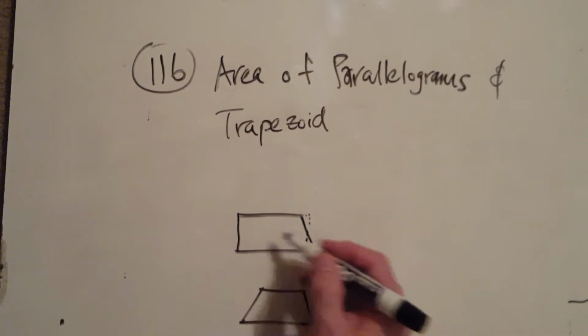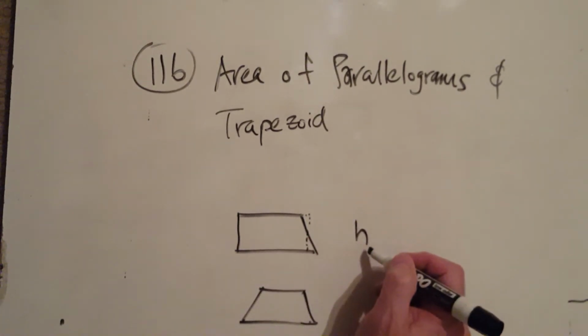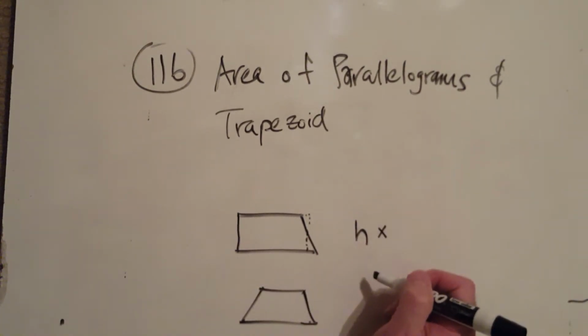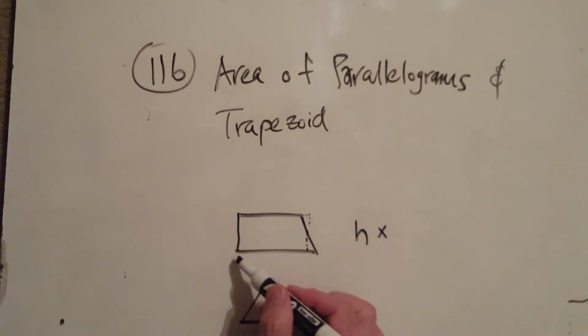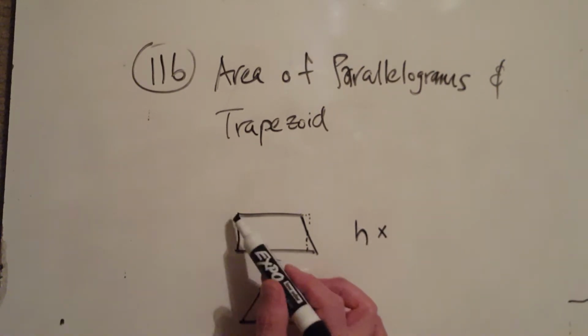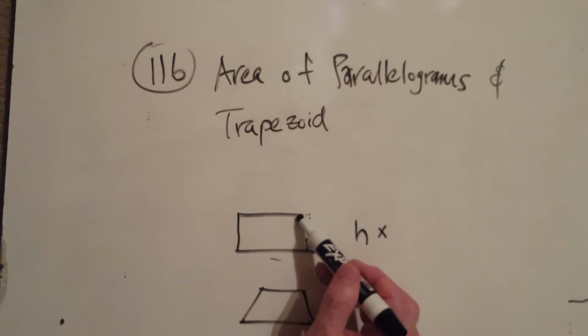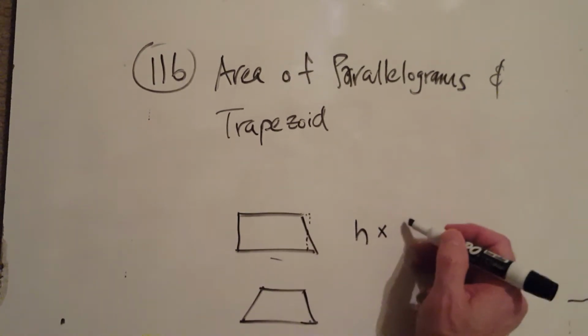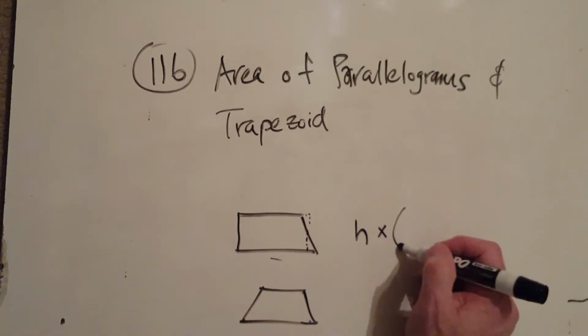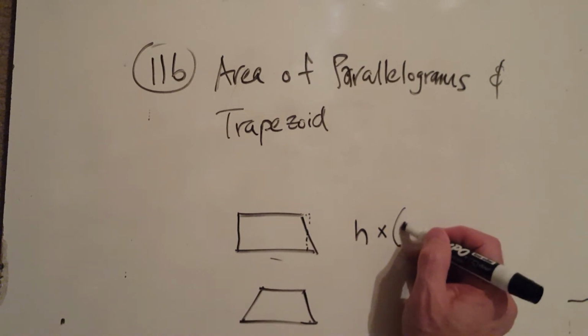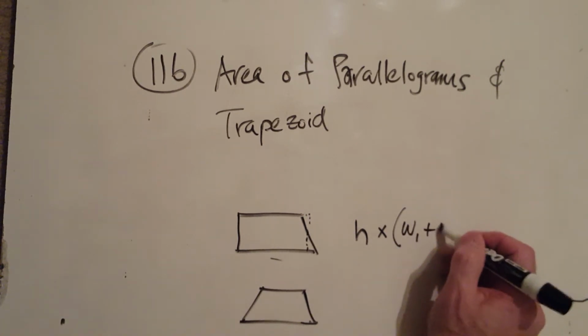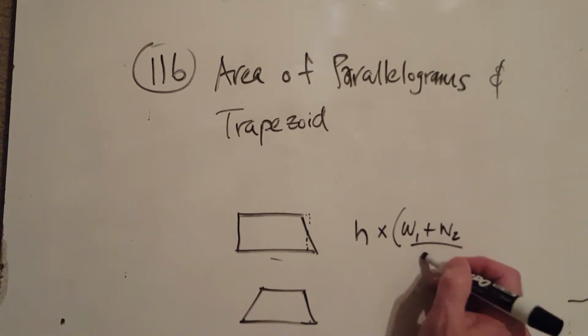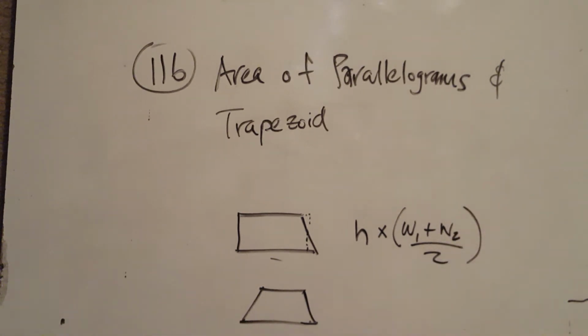So it's actually going to be height times, well, the way that you get this average length is you say width 1 plus width 2 divided by 2, right?